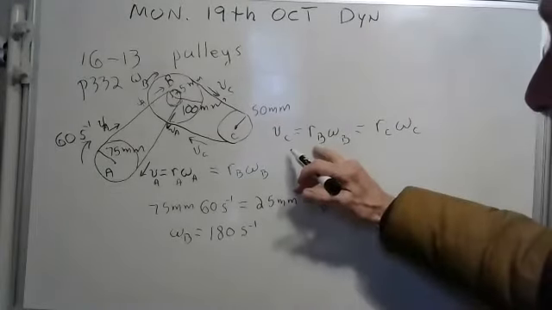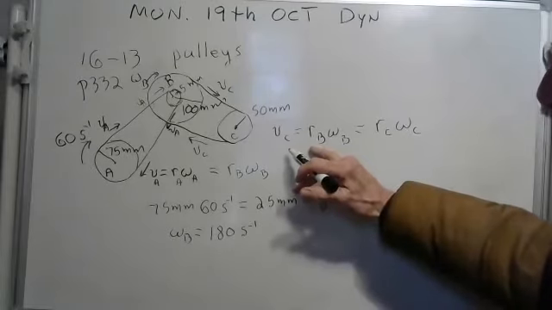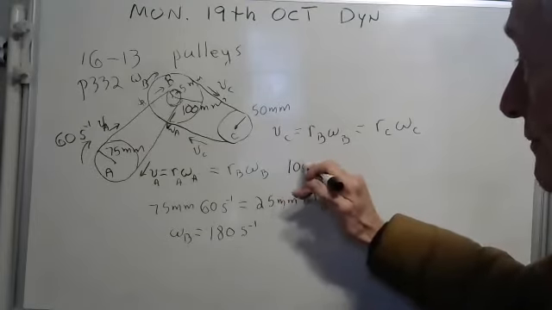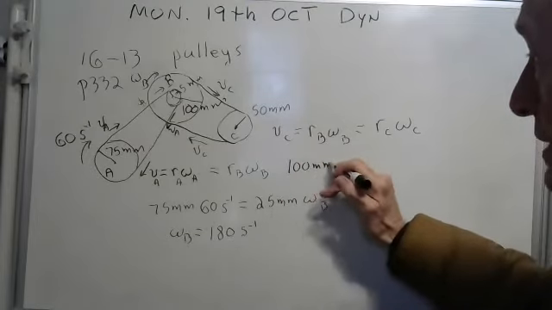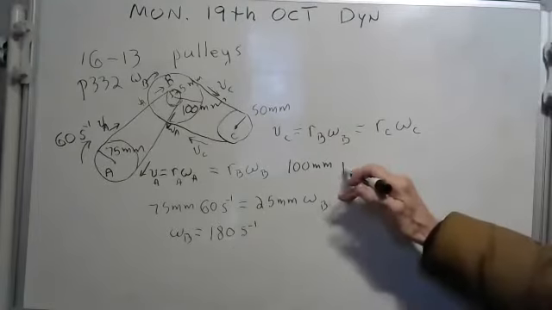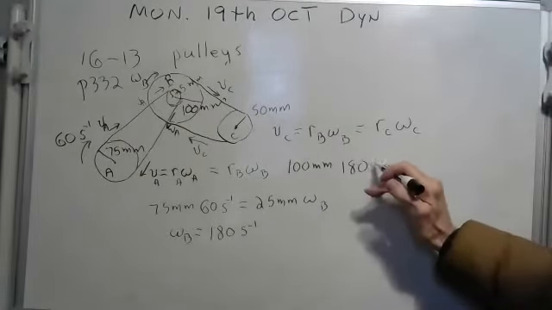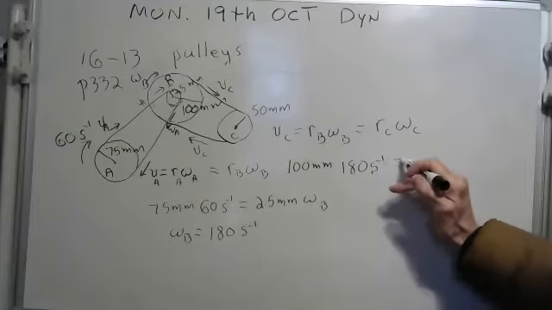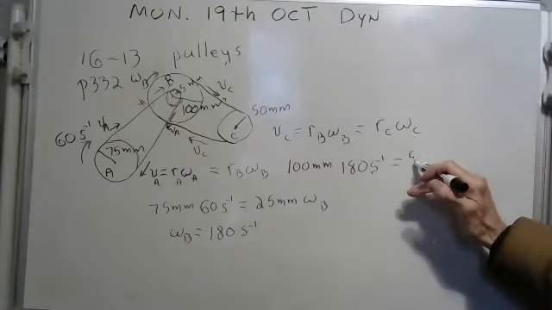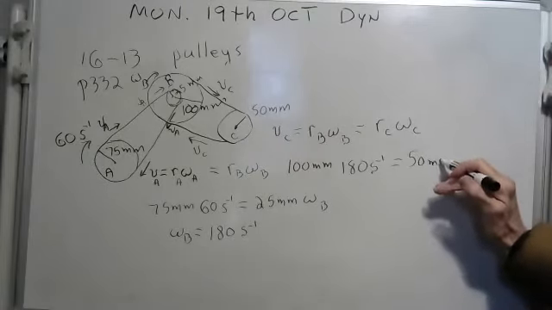Okay, now we know what this is. It's 100 millimeters. And we know what that omega B is. We got it right here. It's 180 radians per second. And we know what the radius is of this one. It's 50 millimeters.